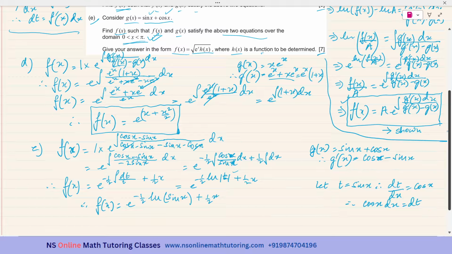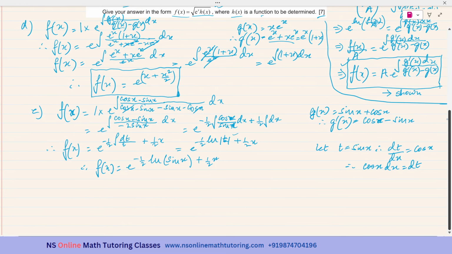We have got the expression for f of x, but they have asked us to give the expression of f of x in this form. I am seeing there is the square root. So I can write this as e to the power of negative half ln of sin x, separating these two, times e to the power of half x.